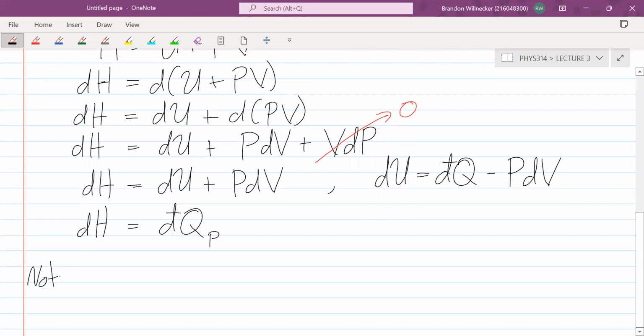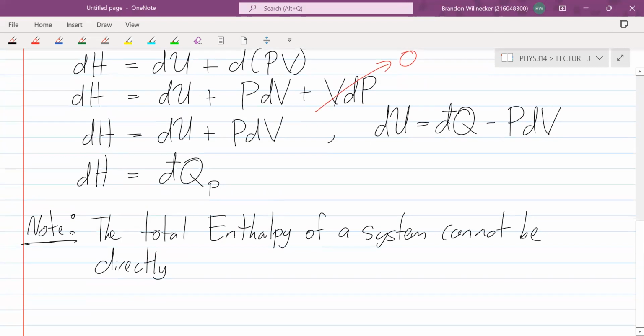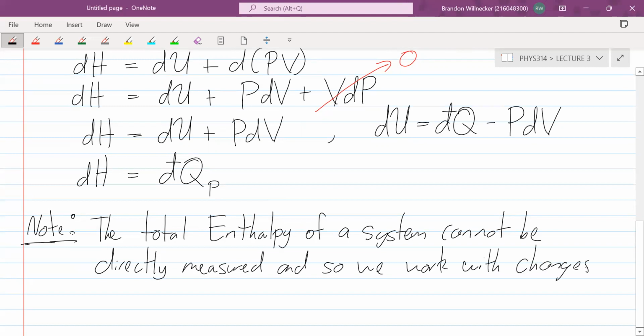Just a note: the total enthalpy of a system cannot be directly measured. And so we work with changes in enthalpy.